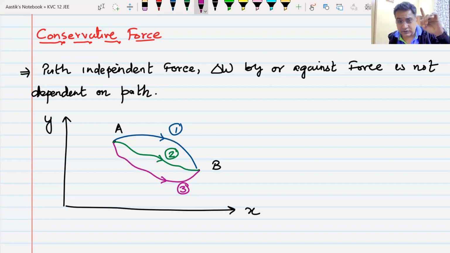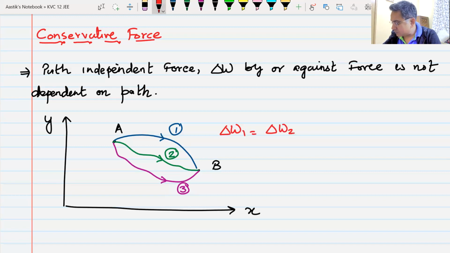It only depends on what was the initial position and what is the final position. Do we understand this? So work done in path 1 or path 2 or path 3 by this force will be the same. That is what I mean by a path independent force or a conservative force. Work done by this force will be the same along any path.